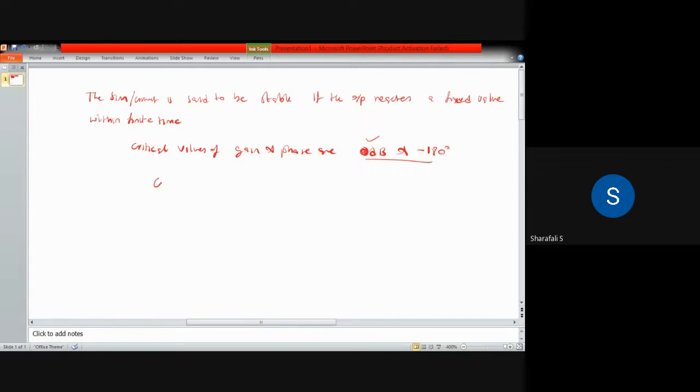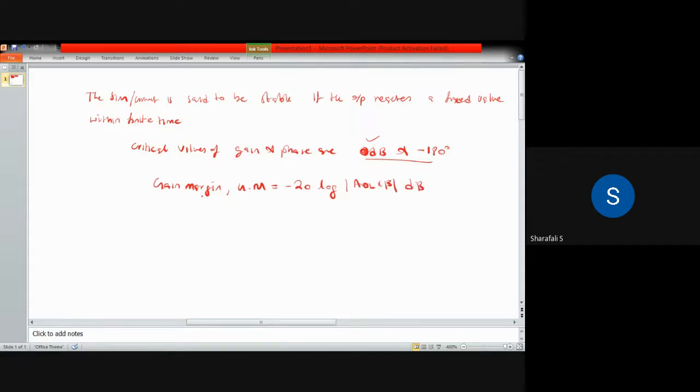Gain margin and phase margin we already discussed in one class. The gain margin GM is given by minus 20 log of AOL times beta, this much of dB.